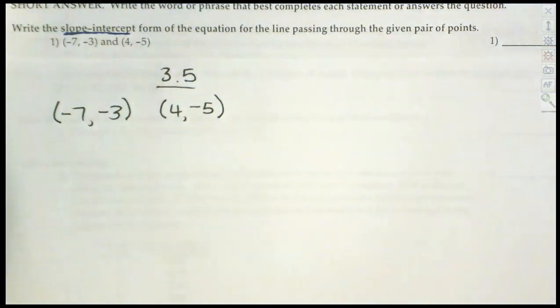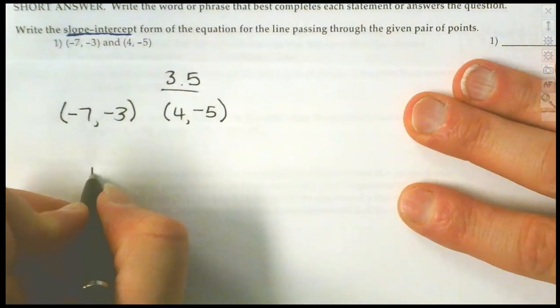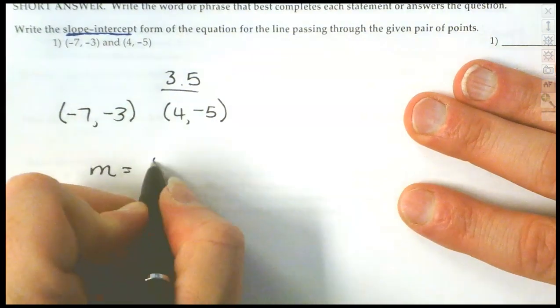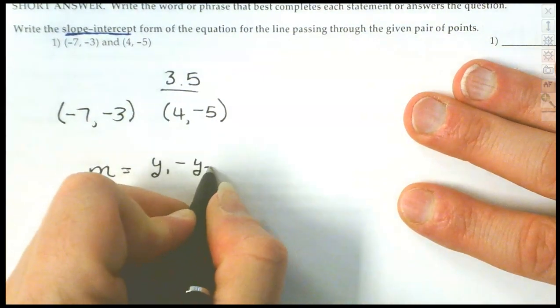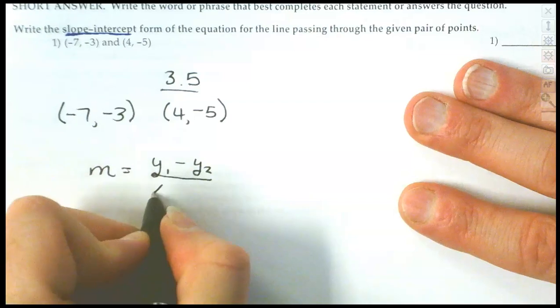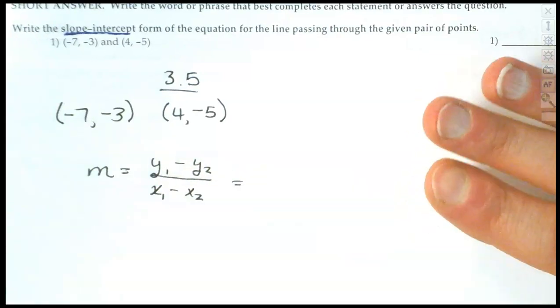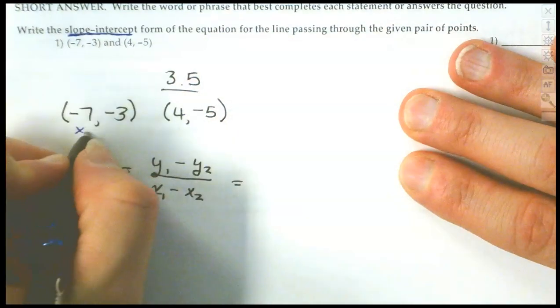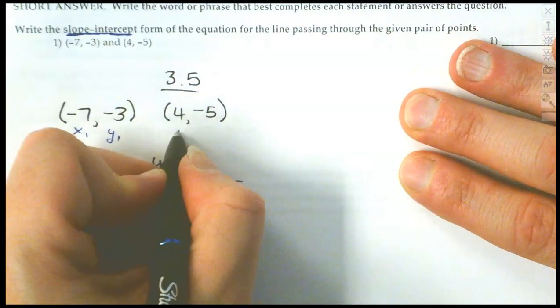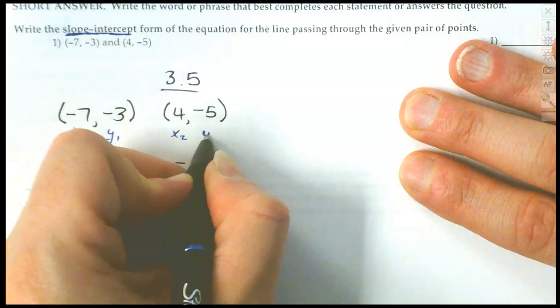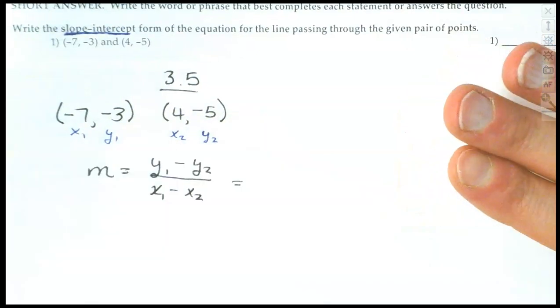So how do we find our slope? Well, we use our slope formula. We learned this back in 3.3. Our slope formula is m equals y1 minus y2 over x1 minus x2. And so we label our ordered pairs x1, y1, x2, y2. And now we simply plug them in.